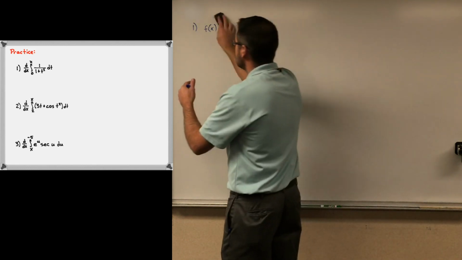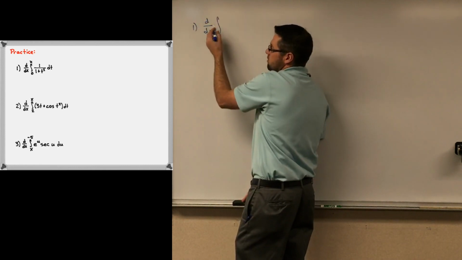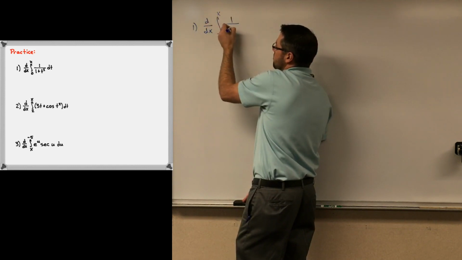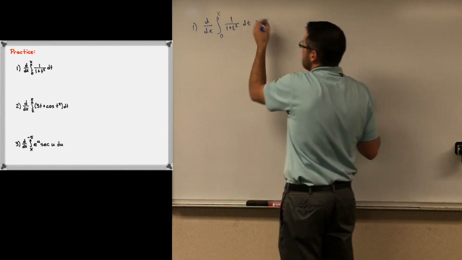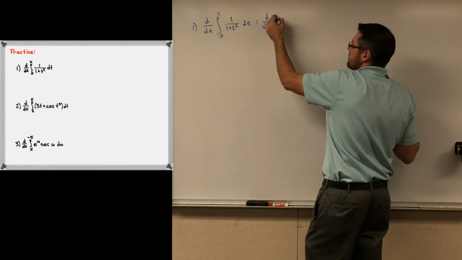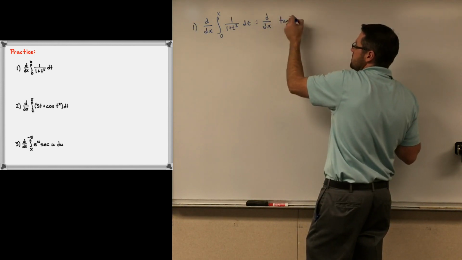So let me rewrite this. d/dx of the integral from 0 to x of 1 over 1 plus t squared dt. That's going to be equal to d/dx of, what's the antiderivative? Arctangent of t evaluated from 0 to x.